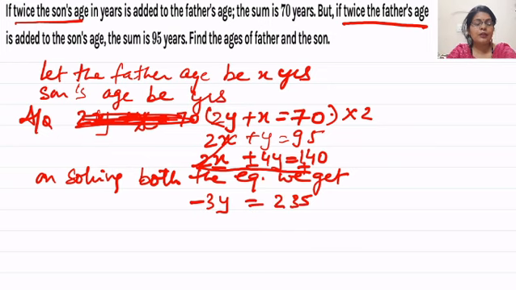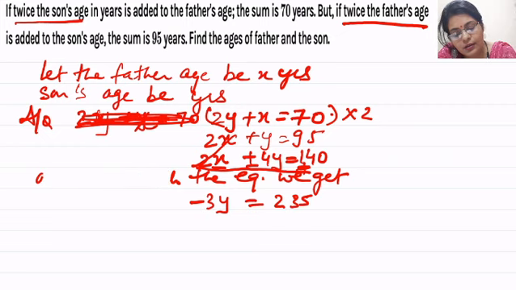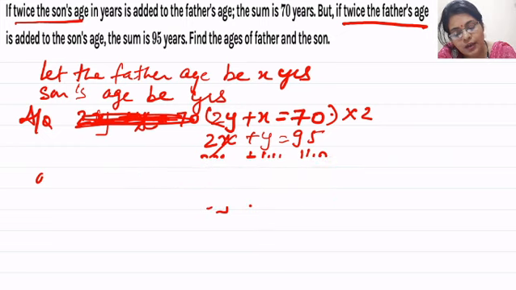So we'll see whether the divisibility rule follows or not. Sorry, 2x plus y is equal to 95 and 2x plus 4y is equal to 140. So here it is minus minus and minus. I am writing it again to you so that it makes you very clear.